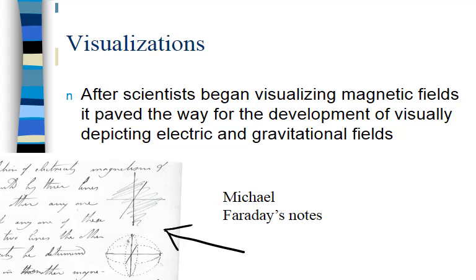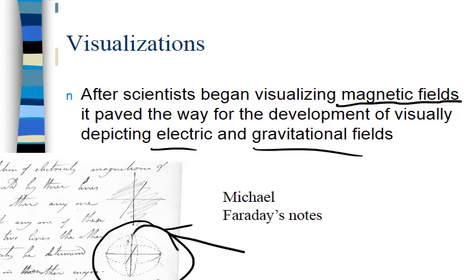This is from his writing, and visualizations are huge. They actually started making visualizations of these magnetic fields and drew them, and this actually paved the way for drawing electric fields and then even gravitational fields. And so, we've already studied electric fields, but the visualization part started actually with magnetic fields.